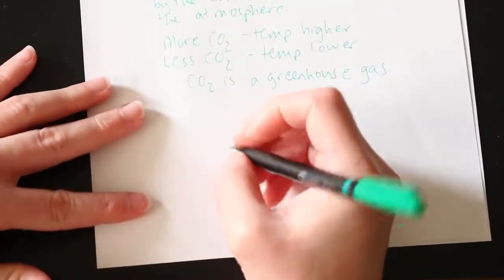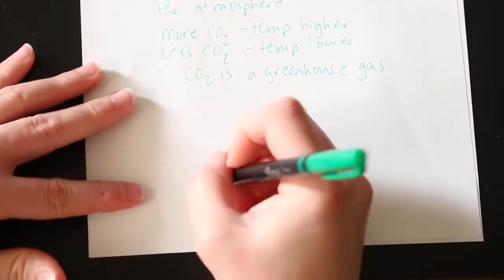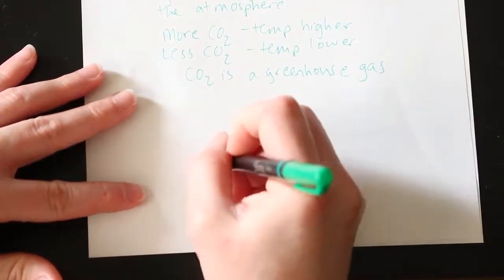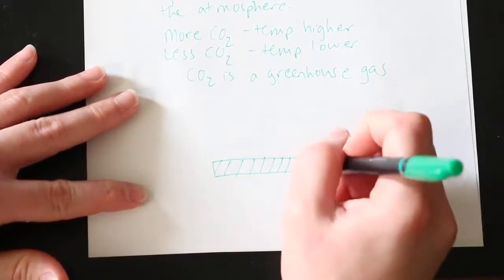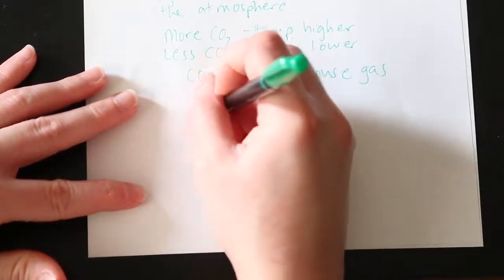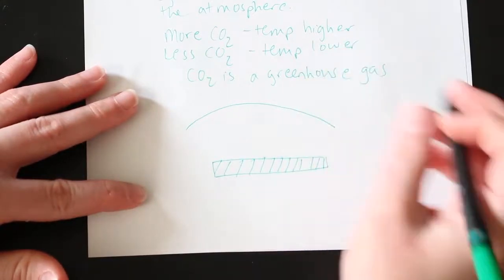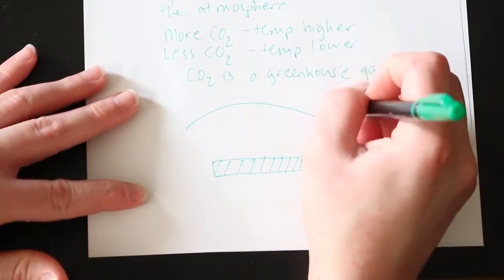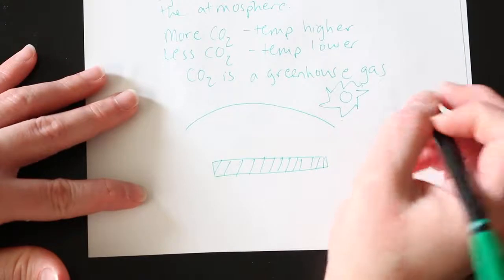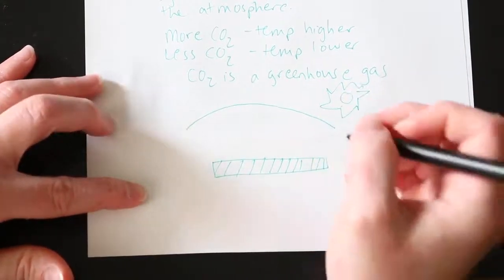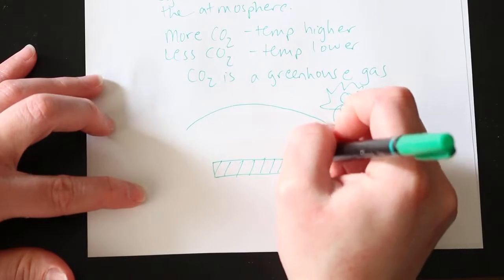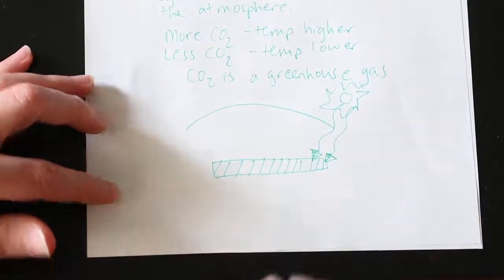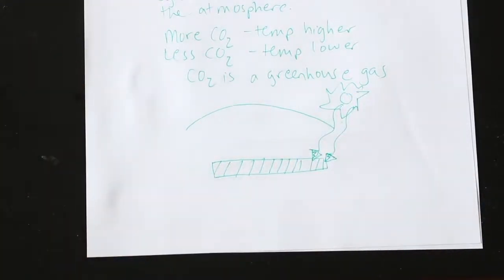So if we draw the surface of the Earth here, let's say this is the surface of the Earth, or the Earth's crust, and this is the atmosphere. We have the sun here in outer space, and the sun is going to shine upon the Earth and put a lot of infrared radiation and visible light onto the Earth's surface.